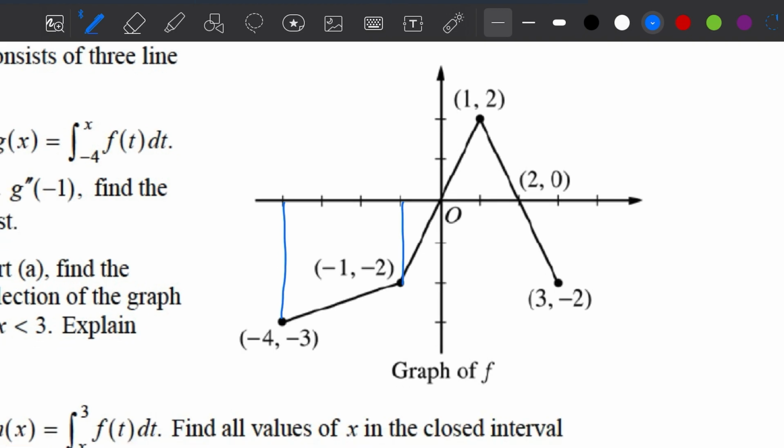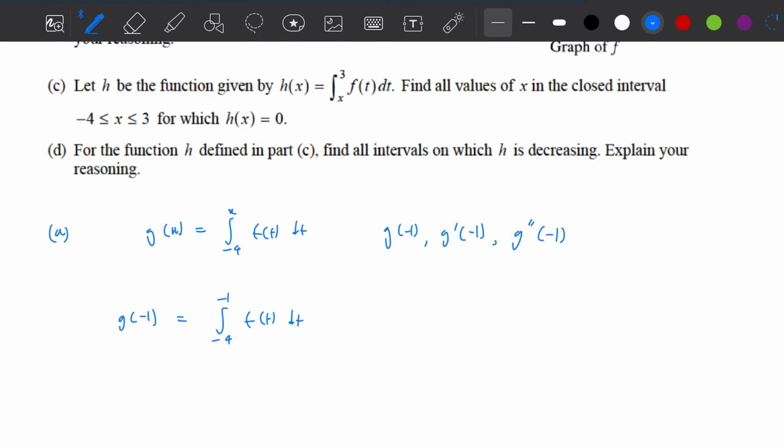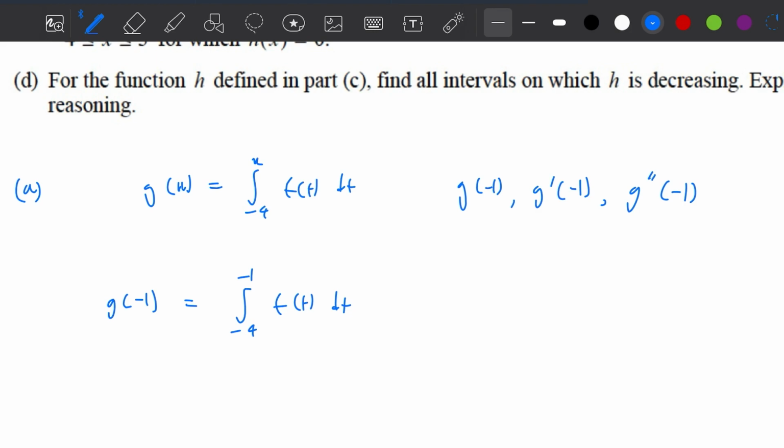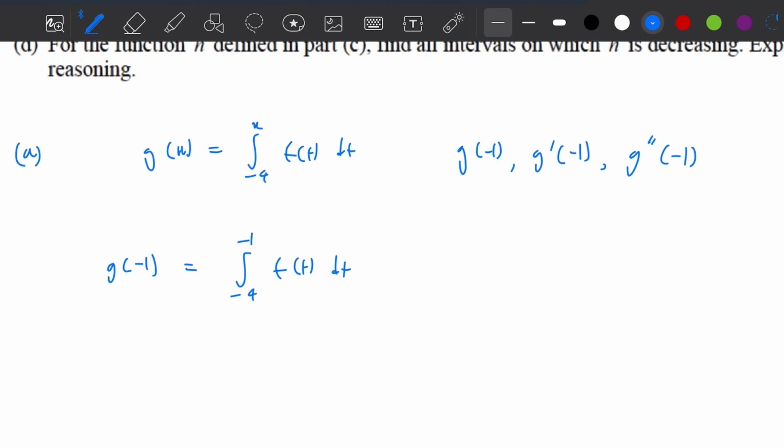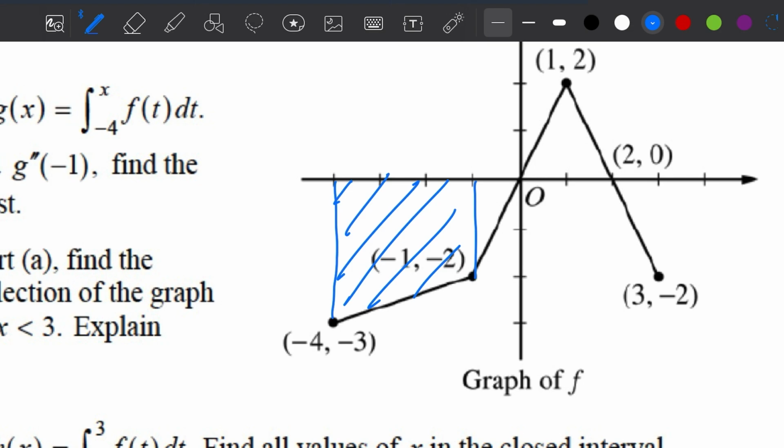Just simply finding the area of this trapezoid would give us the integral from -4 to -1 of f of t. So we know the area for a trapezoid is 1/2 times base 1 plus base 2 times height. Looking at the graph, base 1 is 3 units, and base 2 is 2 units.